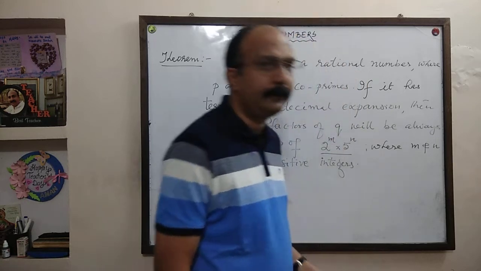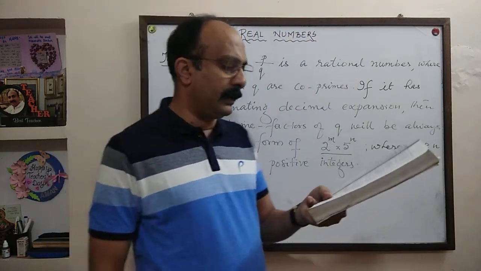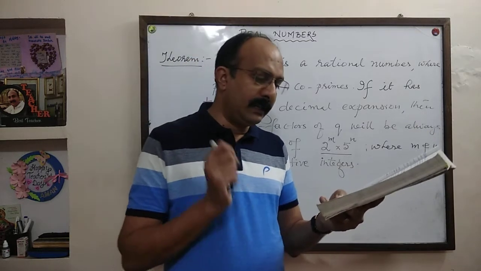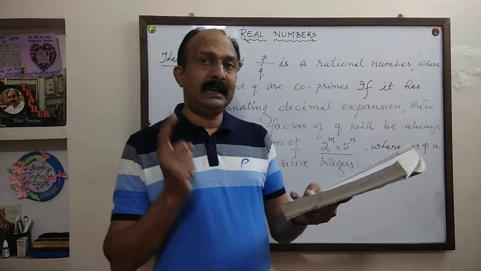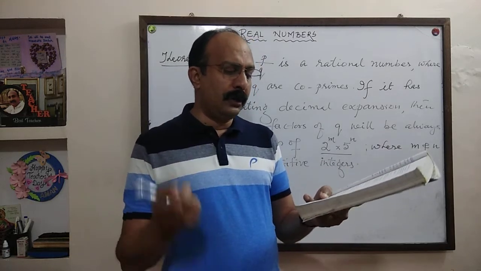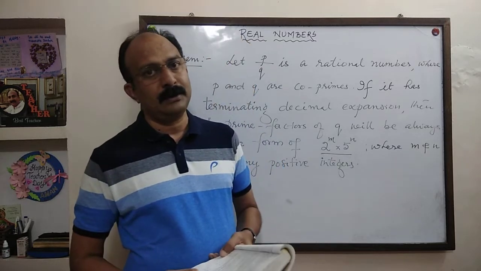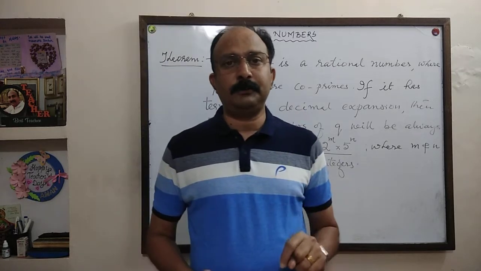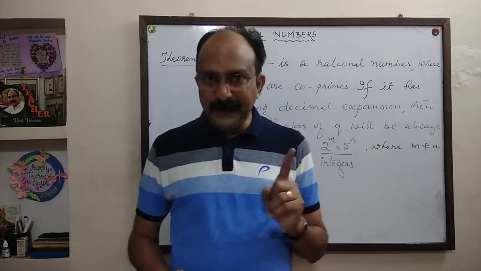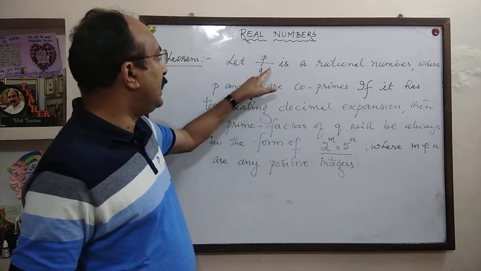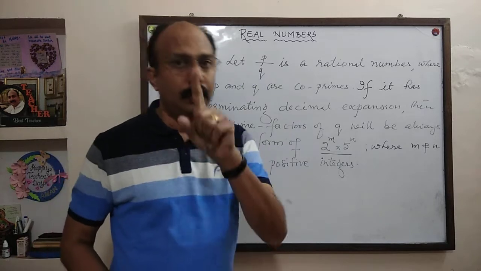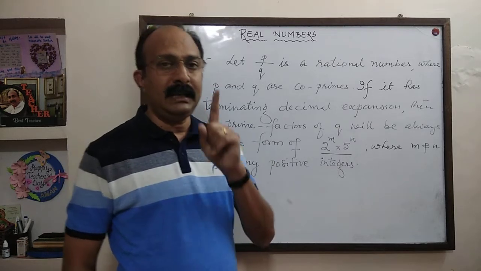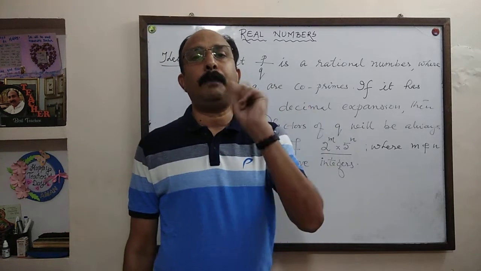Exercise 1.4, question number 1. Without actually performing the long division, state whether the following rational numbers will have terminating decimal expansion or non-terminating repeating decimal expansion. Got it? In order to check this, before that you have to check whether p upon q is in such a form that p and q are coprimes.